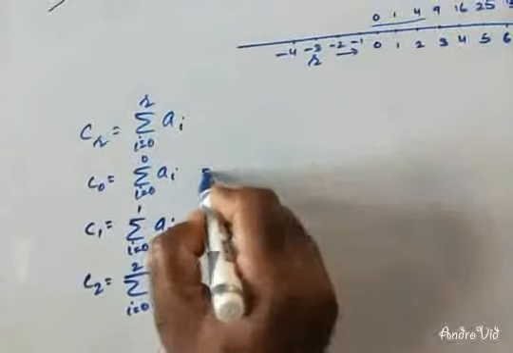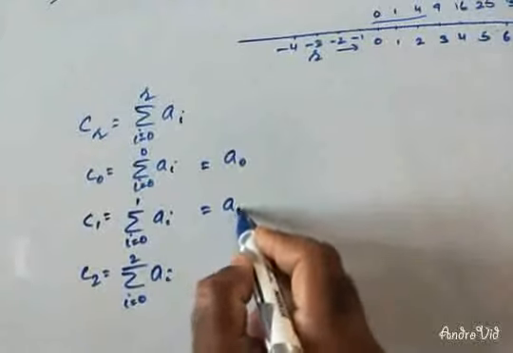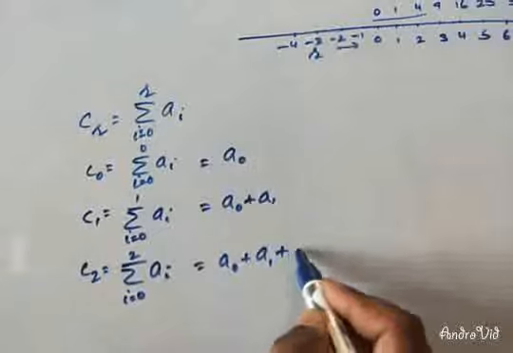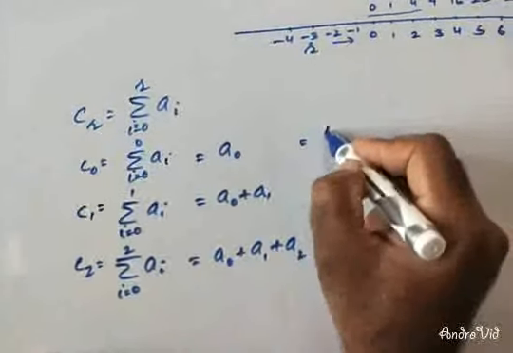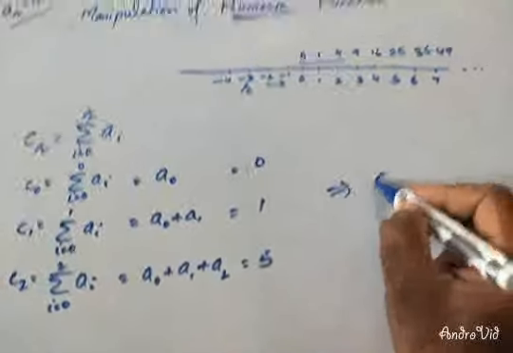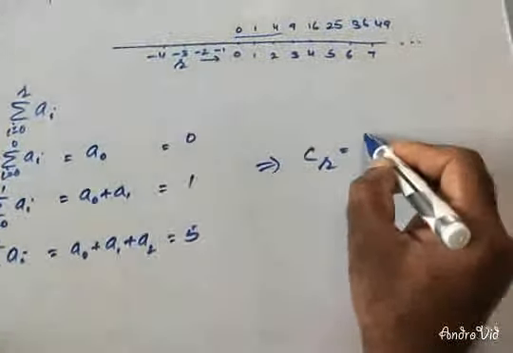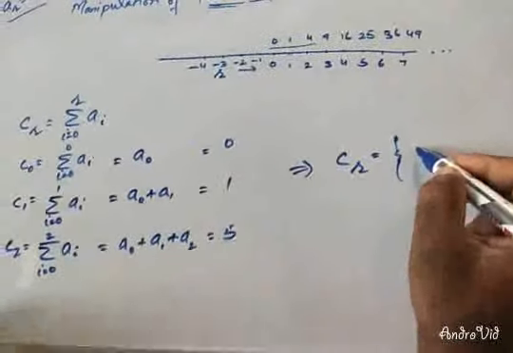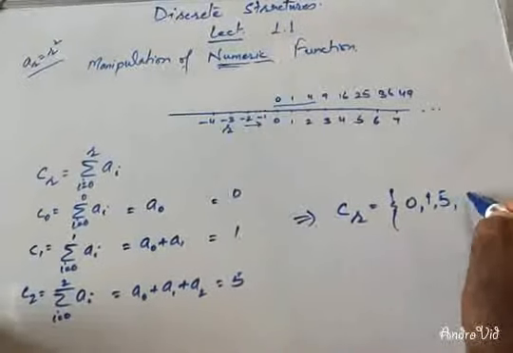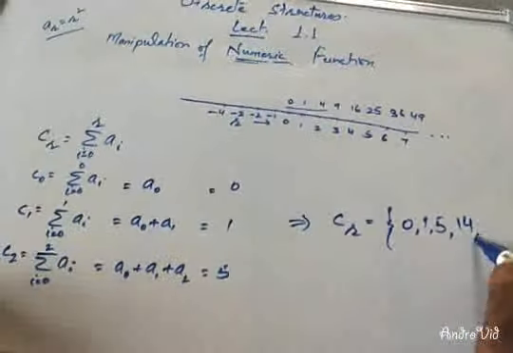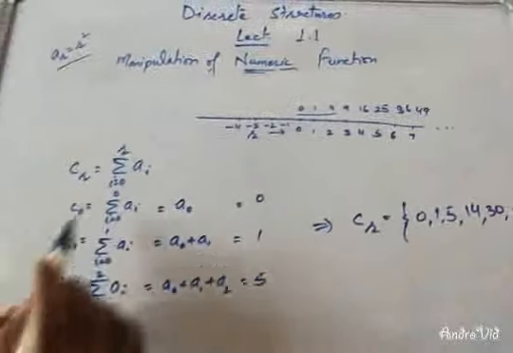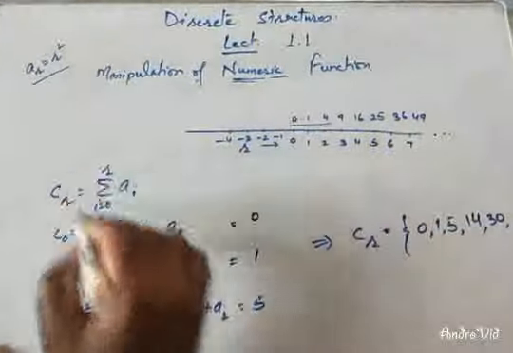So this is A0, this is A0 plus A1, this is A0 plus A1 plus A2. So this is 0, this is 1, this is 5. So we can say that CR is nothing but summation, and summation will be generating values as 0, 1, 5, 14, 30 and so on. So this is accumulated sum of function AR.